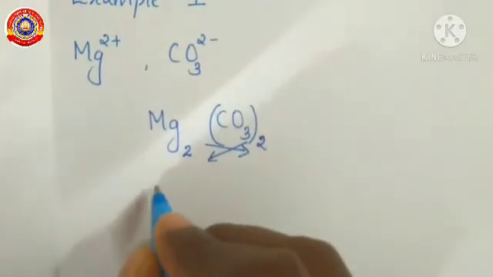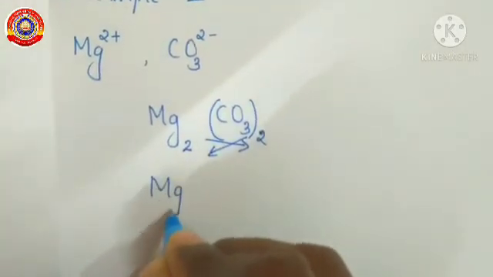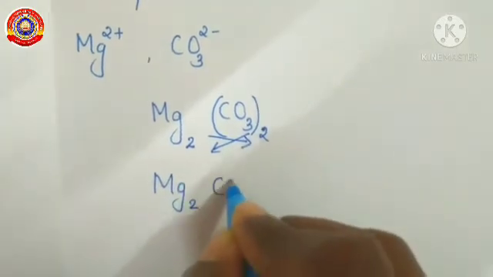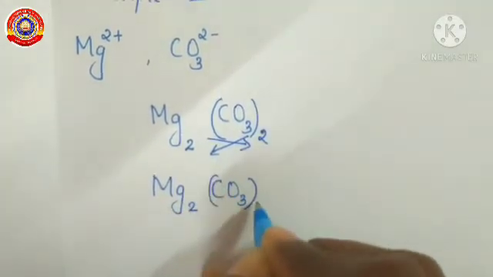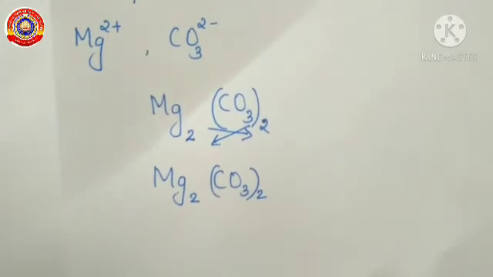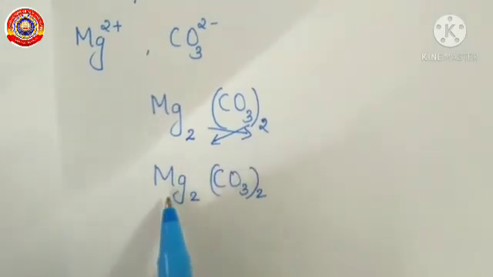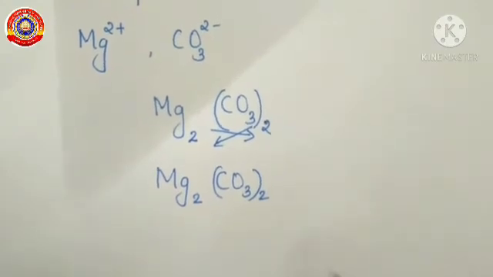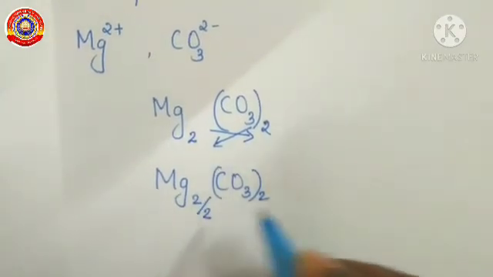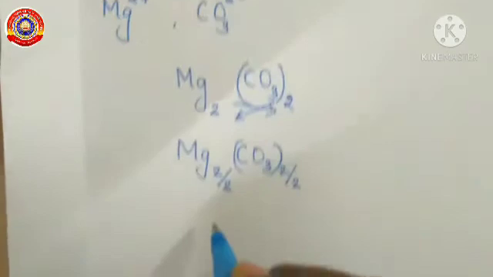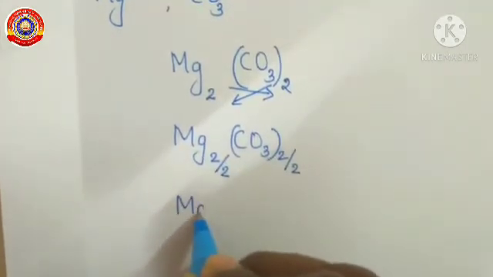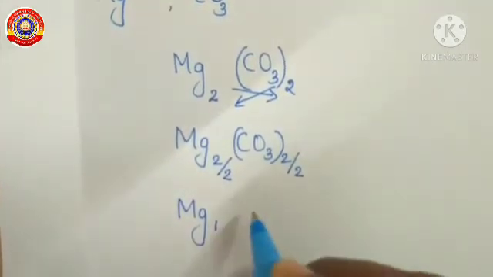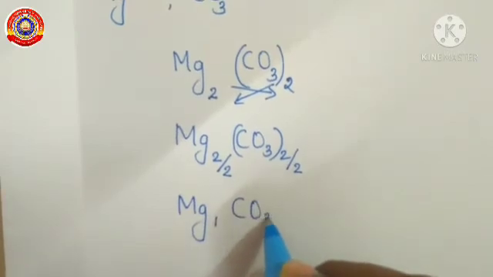Yes, Mg2(CO3)2. Here you can see that the subscript of both magnesium and carbonate is 2. So we can divide each subscript by the common factor. So how will you rewrite the above? Yes, Mg1(CO3)1.